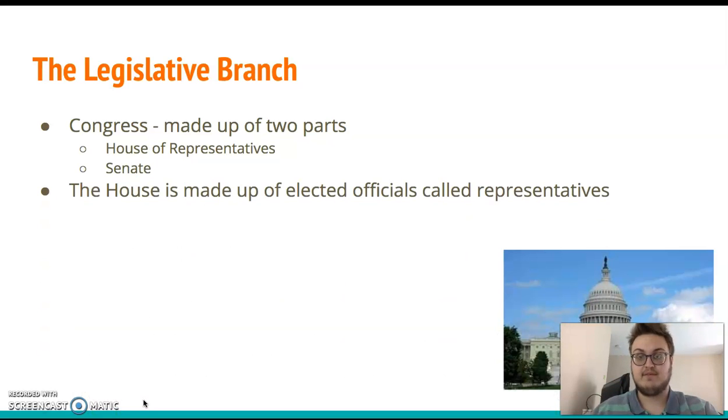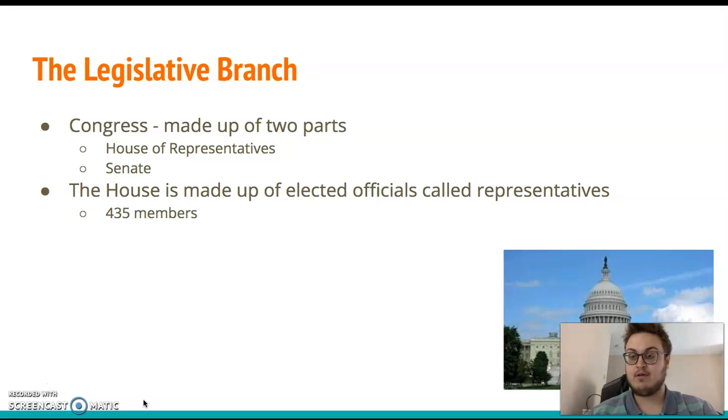The House of Representatives is made up of elected officials called representatives. There are currently 435 members of the House of Representatives. The number of officials is based off of the population of the state they are representing.